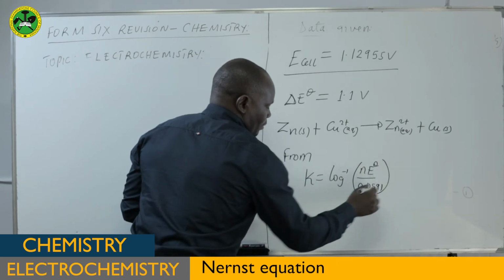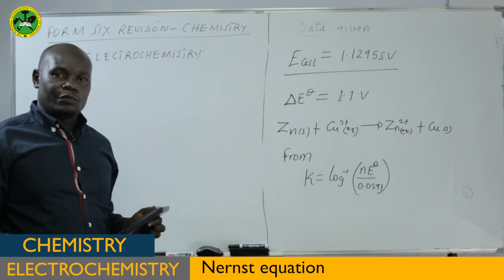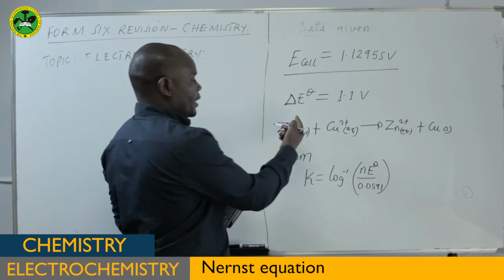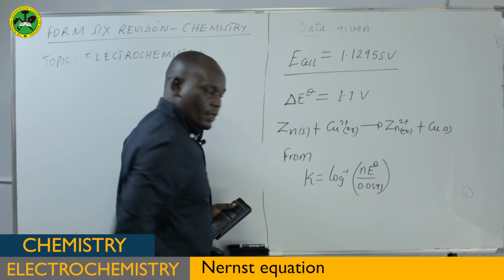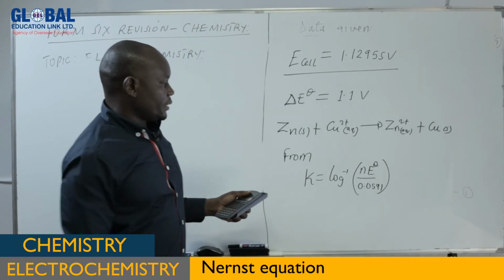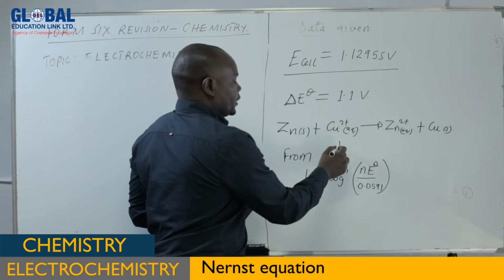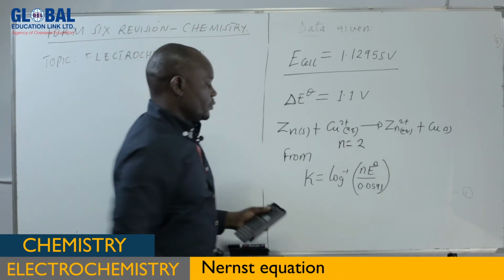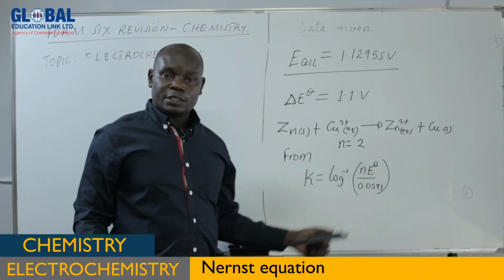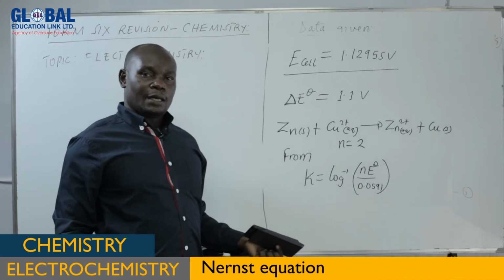This is our equation for determination of the equilibrium constant. Now the data given here, we have the EMF of the cell, or standard electrode potential of the cell, and n from that equation is 2. So we have all the values that can be substituted into our equation and get the answer.